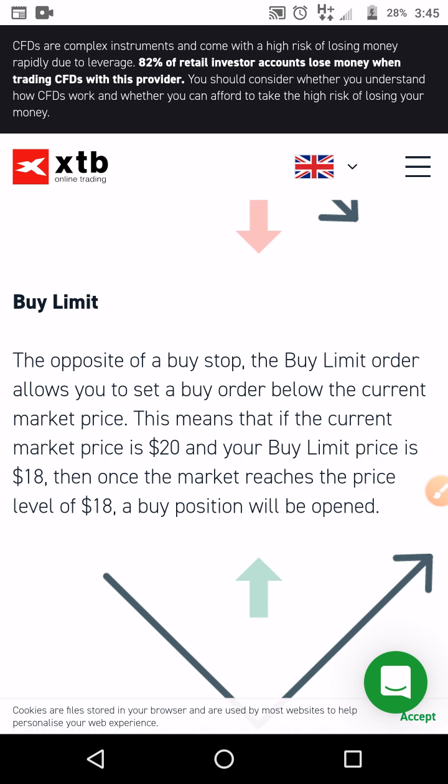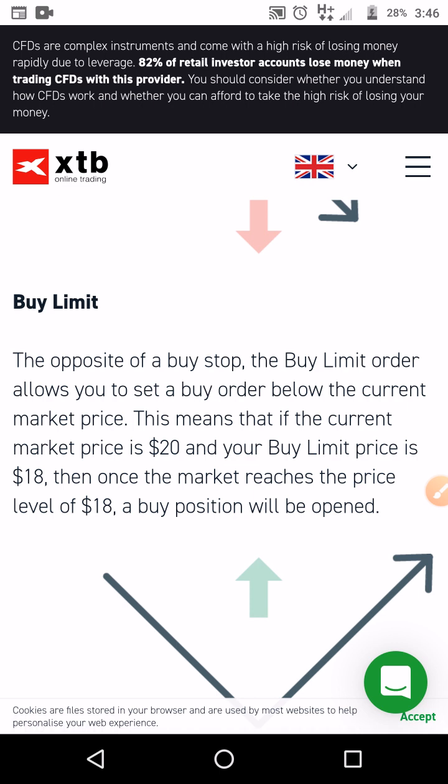Okay, so an example is if the market price is $20 US, that means if you want to set your trade into buy limit, you are supposed to set it below the current market price, which is $20.